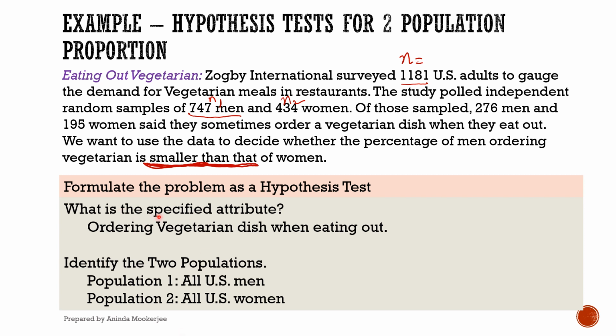So the first question is to formulate the problem. What is the specified attribute we are looking for? It's ordering a vegetarian dish at a restaurant when eating out.